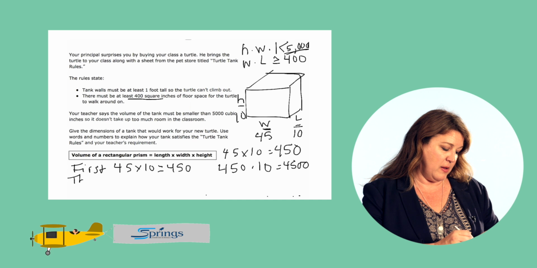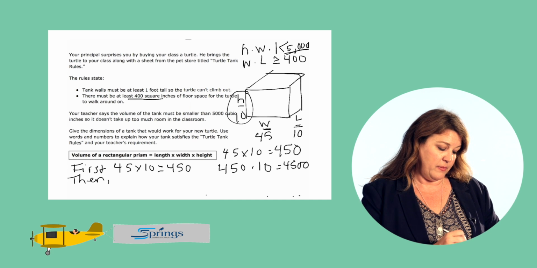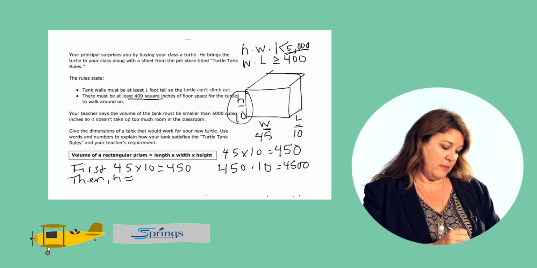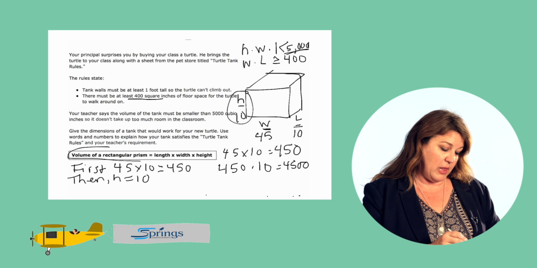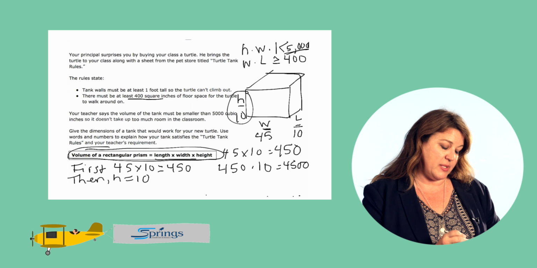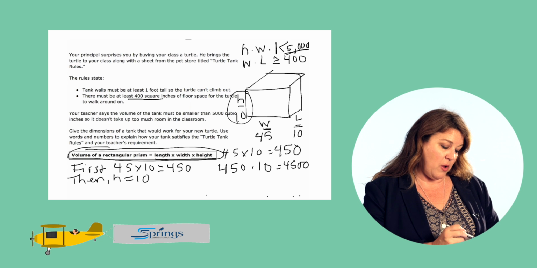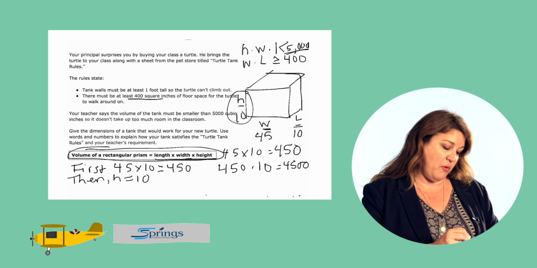Then I chose a height of 10 and I calculated the volume. It gave me the formula here: volume of a rectangular prism is equal to the length times the width times the height. And so we know that the width times the length is 450, it's 45 times 10, and we multiply that by the height. We have 4,500.